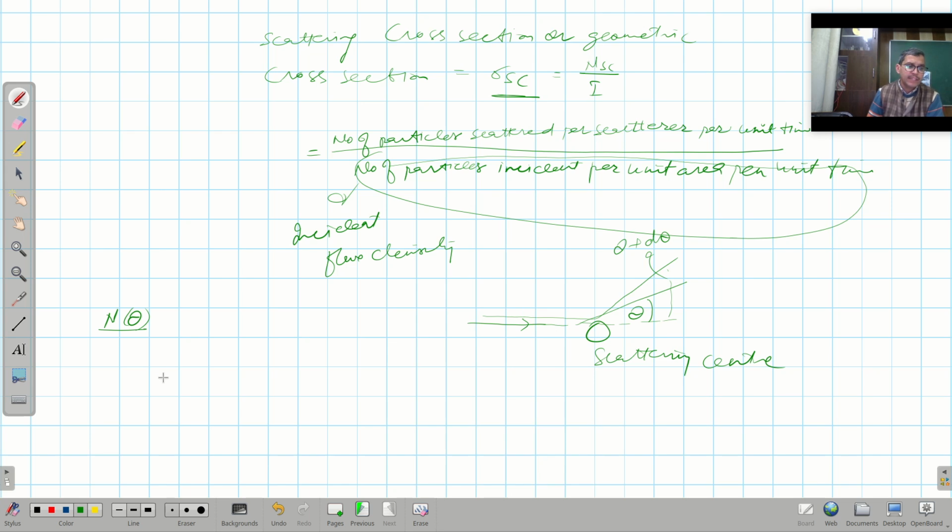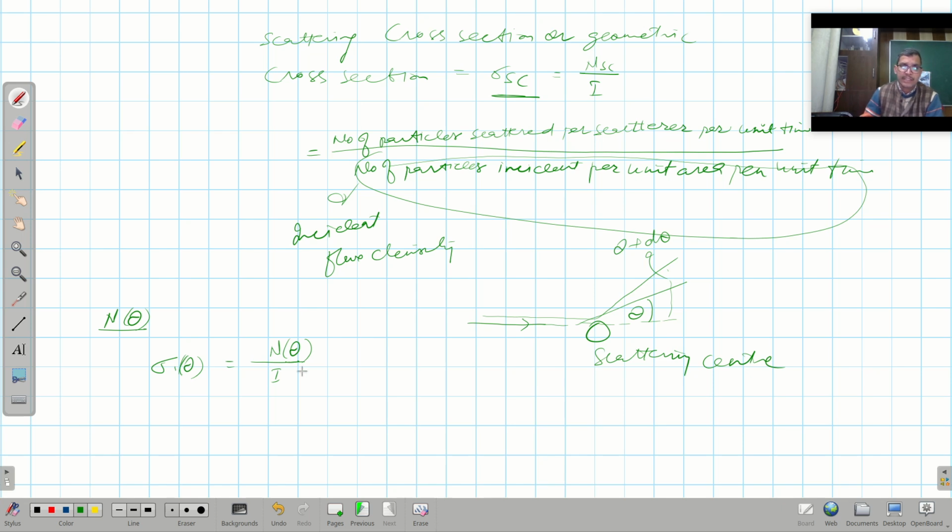How can we define it? We can define the scattering cross section as the differential cross section, because I am talking about a very small angle, a particular small angle. Particles are coming with intensity I, and the number of particles which are scattered through an angle theta is N theta. So now I am defining the scattering cross section in terms of angle.